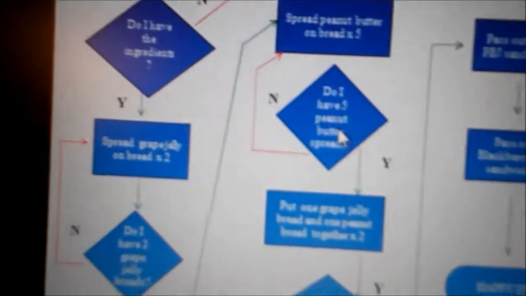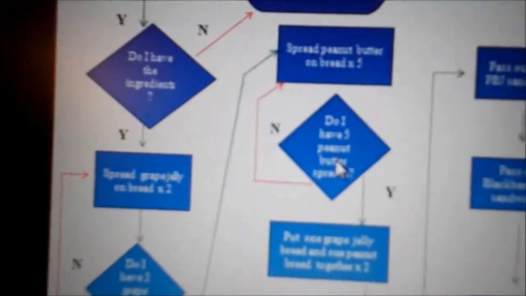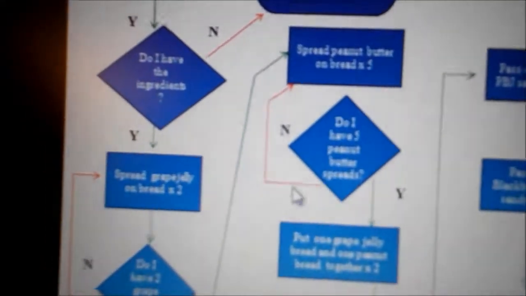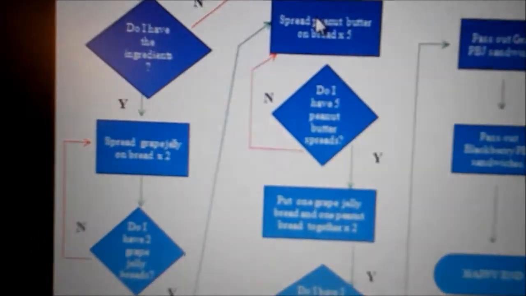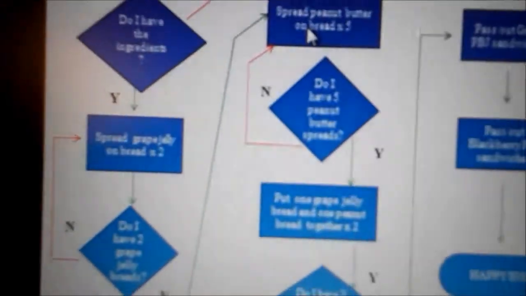Okay. So if we have the 5 peanut butter spreads, we can go to the next step, which indicates the yes. If we don't, we have to loop back up and make sure we spread those 5 slices of bread with peanut butter. If we have done that, then we can continue on to the next step.